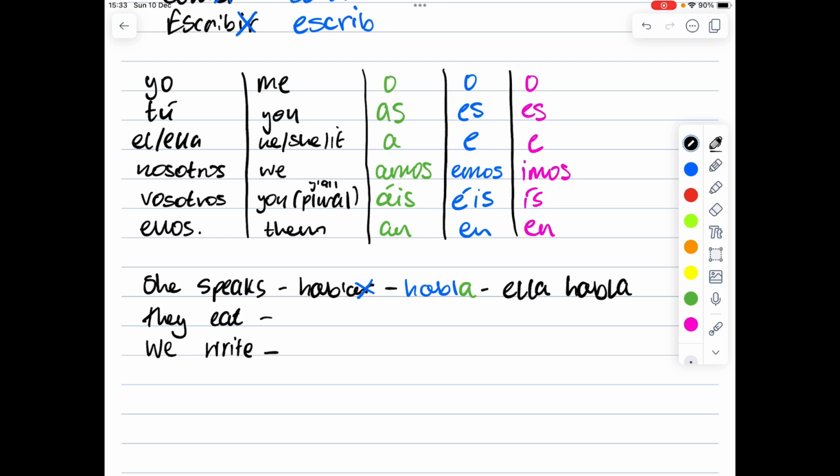They eat. Well, again, I know that the verb to eat is comer. Next step is to chop off that ER and rewrite it, so com.